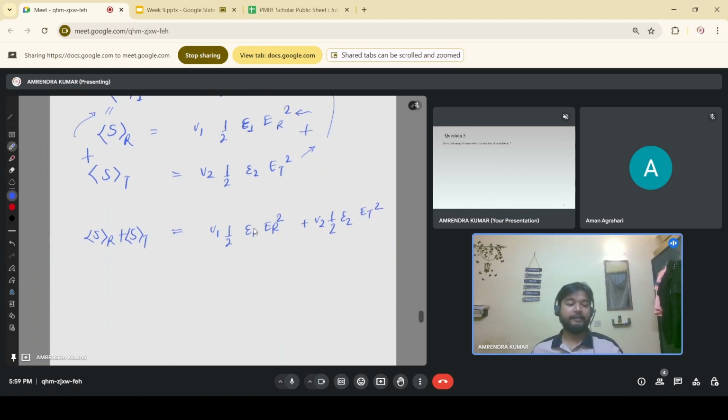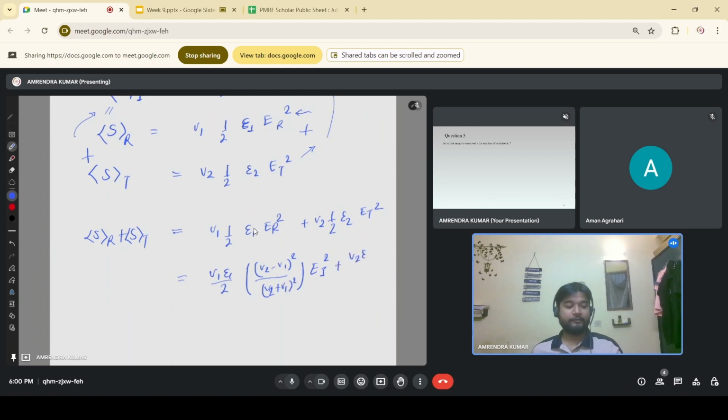But we know that E_R and E_T can be written in terms of E_I square. So let's write that. V1 epsilon 1 by 2, E_R can be written in terms of incident, so E_I square, and that E_R was (V2 minus V1) square over (V1 plus V2) square.